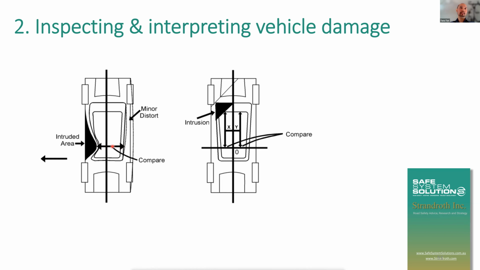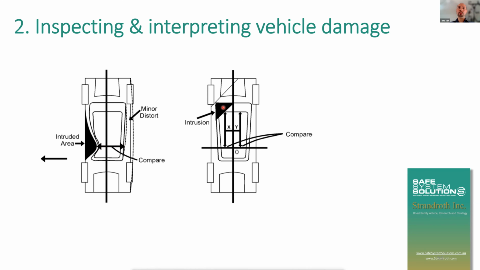And let's say that's 750 millimeters or 0.75 of a meter. We then compare to the left-hand side, which has sustained the impact or crush. And let's say we've measured that to be 0.5. So therefore we can then say that there's been intrusion of 0.25 meters. So intrusion again is focusing on the reduction of internal space of the occupant cabin.